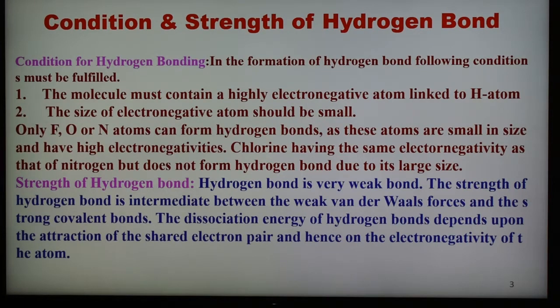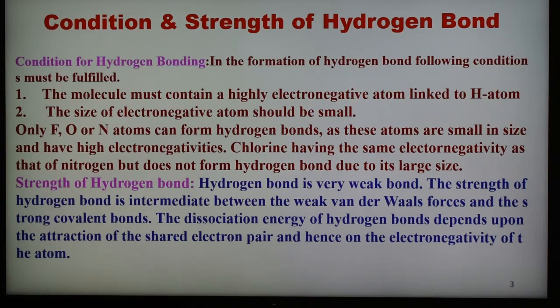Therefore only fluorine, oxygen, nitrogen atoms can form hydrogen bonds, as these atoms are small in size and have high electronegativities. Chlorine has the same electronegativity as nitrogen but does not form a hydrogen bond due to its larger size. So these are some conditions for the formation of a hydrogen bond.